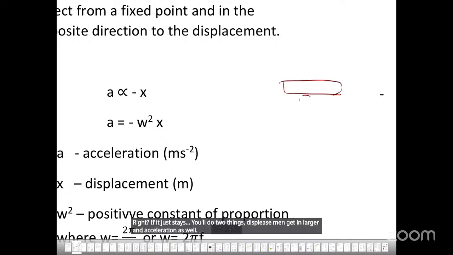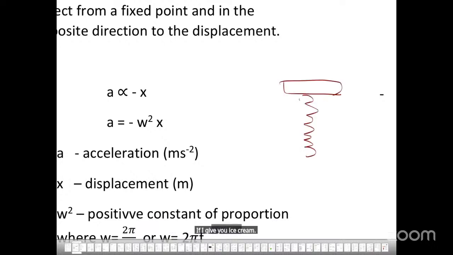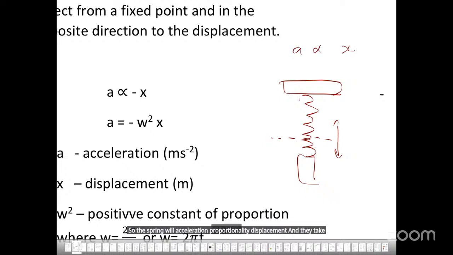The spring will oscillate between these two points. The acceleration is proportional to displacement and they act in opposite directions. So a spring is moving with simple harmonic motion.